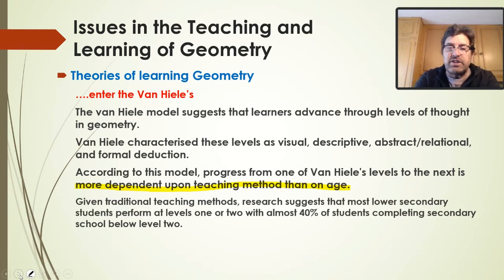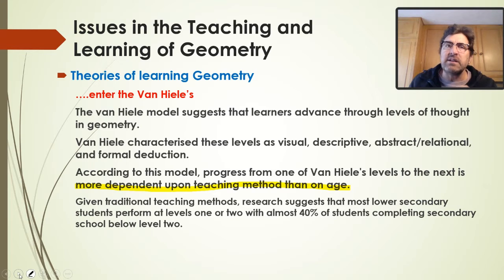Given traditional teaching methods, research suggests, folks, and this is key, that most lower secondary students, and we're talking about grade 8, grade 9, grade 10, perform at levels 1 or 2 of the Van Hiele model, which we will go into in depth in the next video. Almost 40% of students complete secondary school, going right through secondary school, past matric, and are still only on or below level 2 of the Van Hiele model.